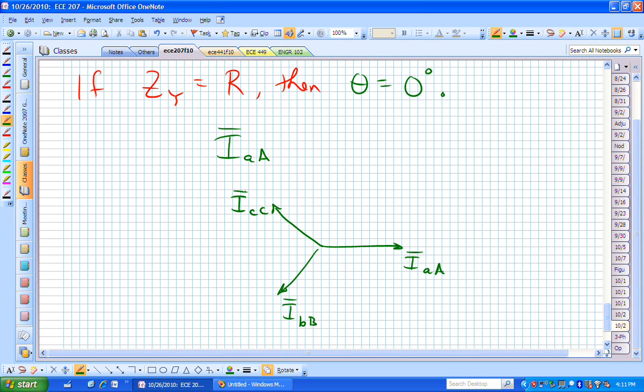If I add those all up, head to tail, so the head of A gets the tail of B, and then the head of B gets the tail of C, I'm going to end up with that, and these three that have formed my triangle are the right-hand side from my KCL equation. And what I'm trying to show you is that the current in the neutral conductor is 0. Questions on that?